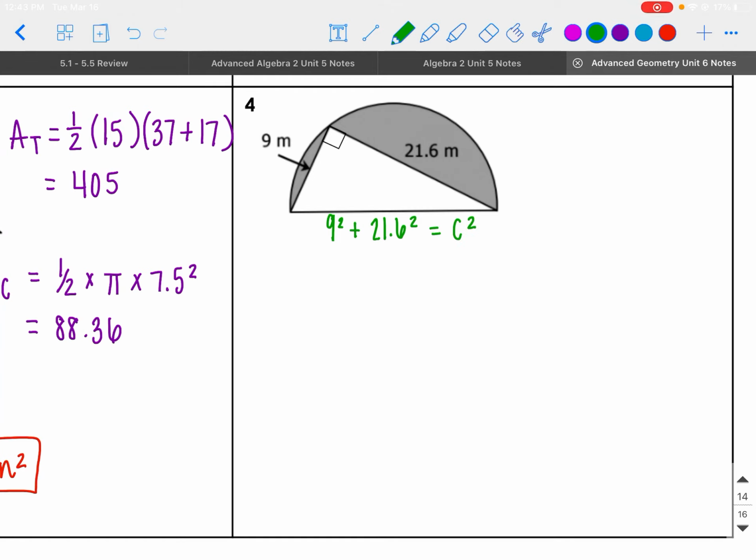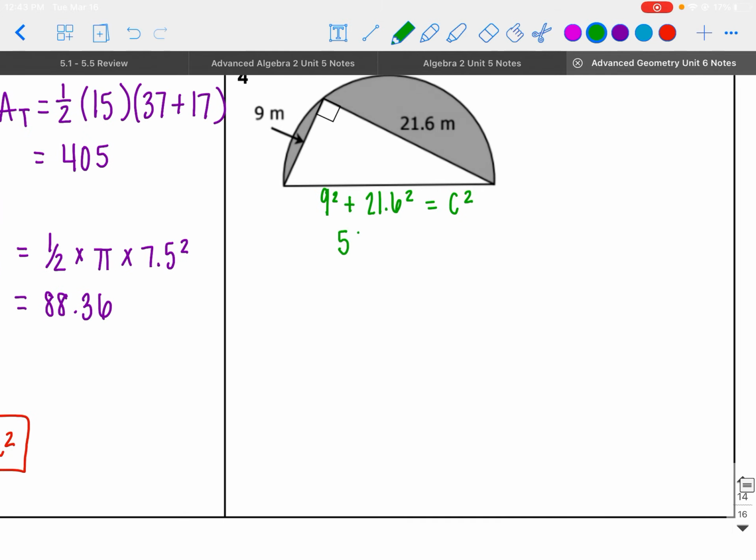Nine squared plus 21.6 squared equals c squared. If you do 9 squared plus 21.6 squared, you get 547.56. And then if you take the square root of that, you get 23.4.